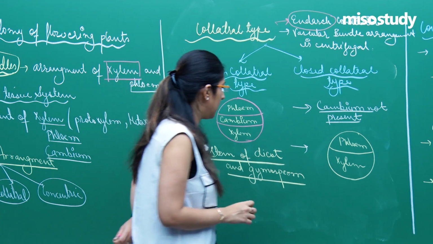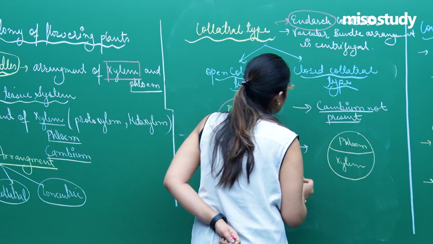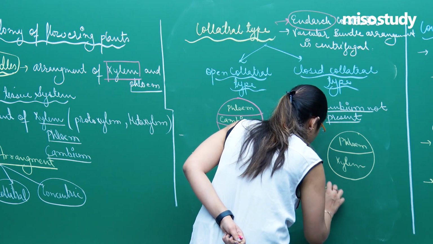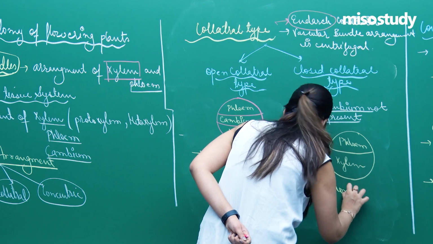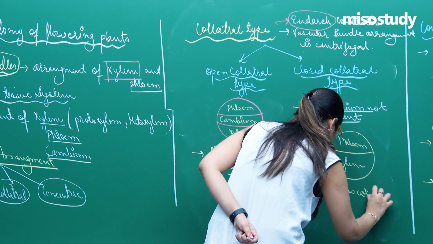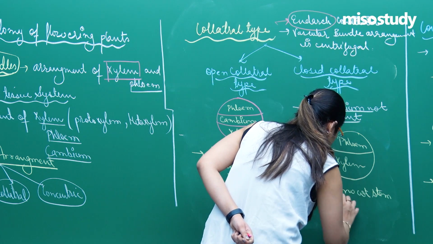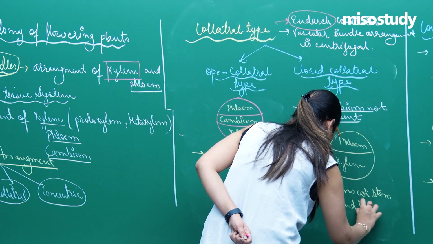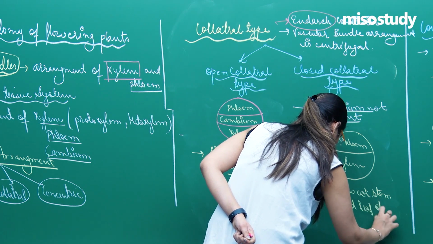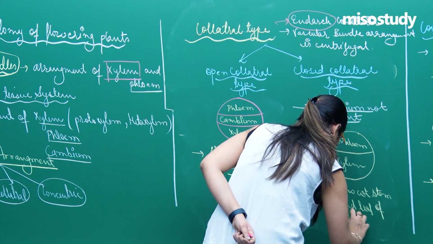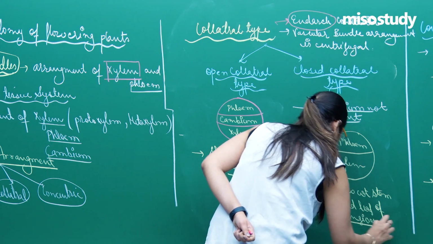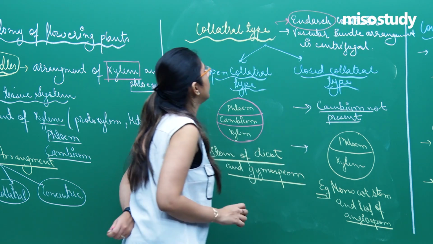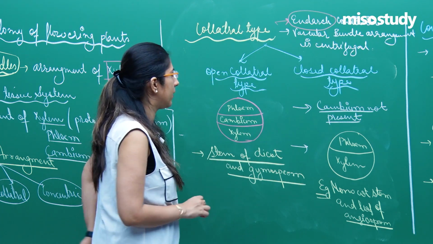Let's talk about the examples of the closed type. For example, we have a monocot stem and leaf of angiosperm.